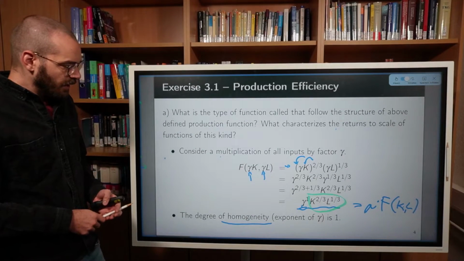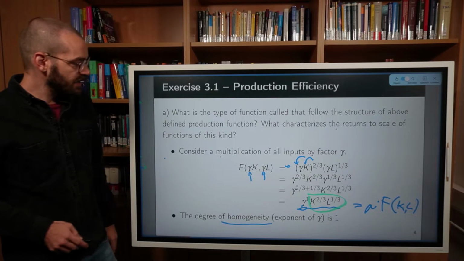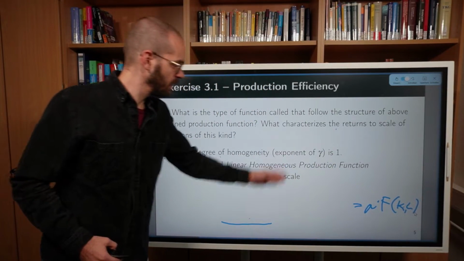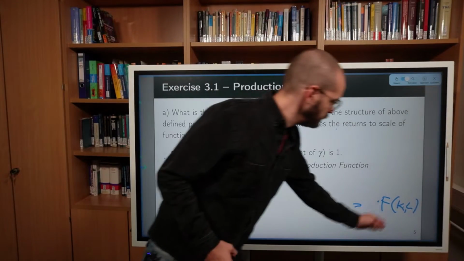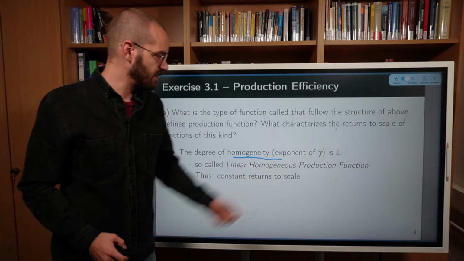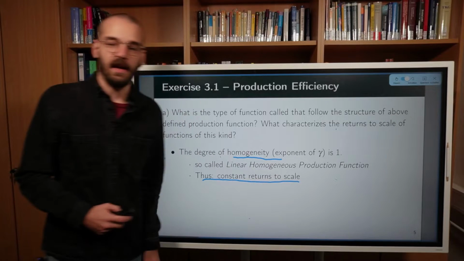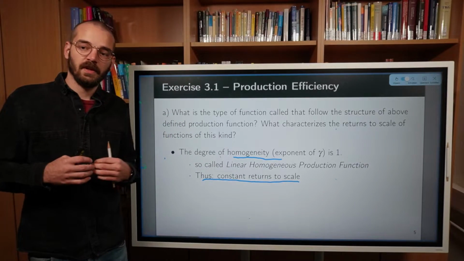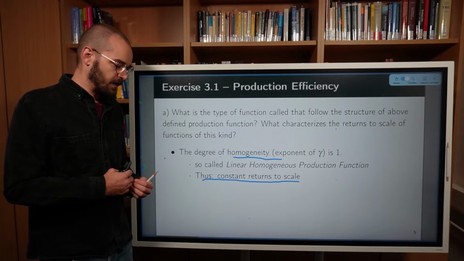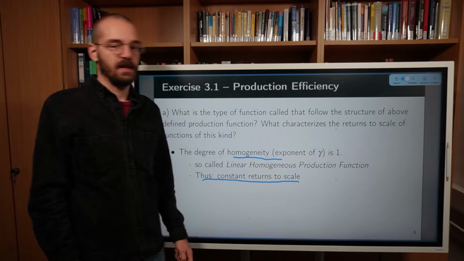So in this specific case, the degree of homogeneity is 1, which is interpreted as follows. All right, so we found out that the degree of homogeneity is 1. So in this specific case, we have constant returns to scale. And because it's constant, another way to phrase this is we can call this a linear homogeneous production function, right?